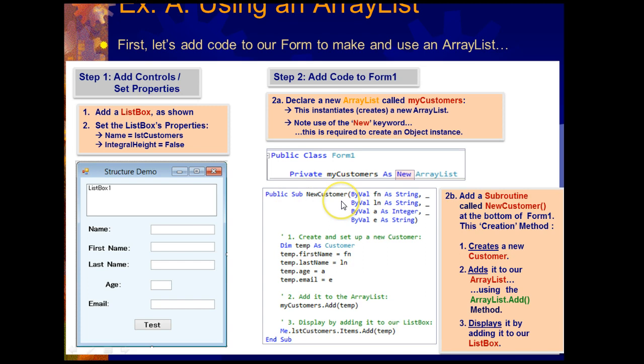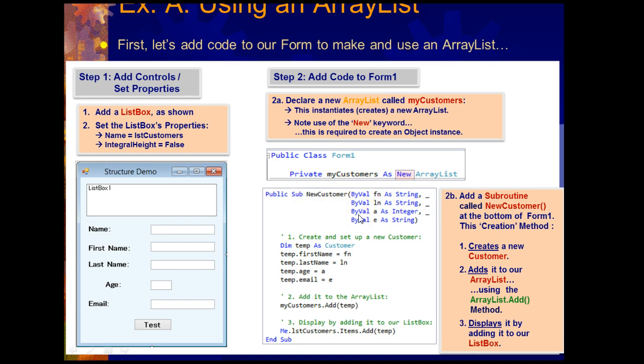We can see that this subroutine called new customer is going to take how many parameters? 1, 2, 3, 4 parameters: strings, and an integer. You have to put in all 4 parameters when you use this new customer method, but we haven't written the code yet, so we haven't used it yet.